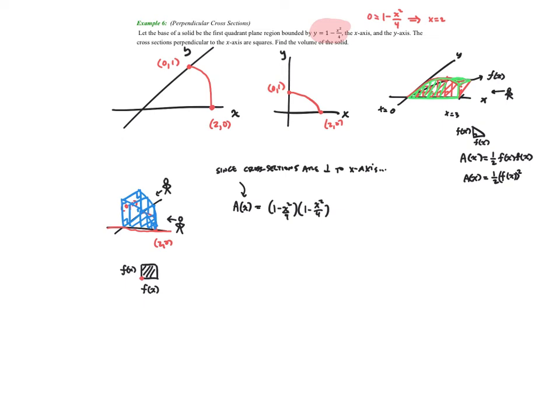Okay, so it does say find the volume, so we're going to have to do a little work here. So we're going to integrate, of course, from 0 to 2, right? From 0 all the way over to 2 of this function, 1 minus x squared over 4, squared. Okay, so let's expand the integrand.